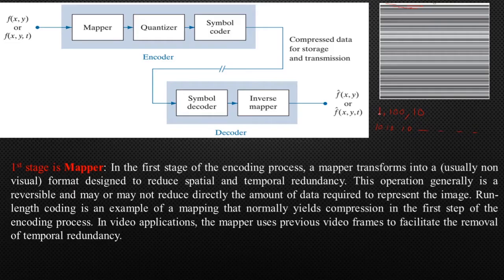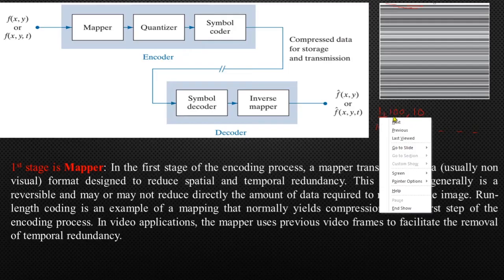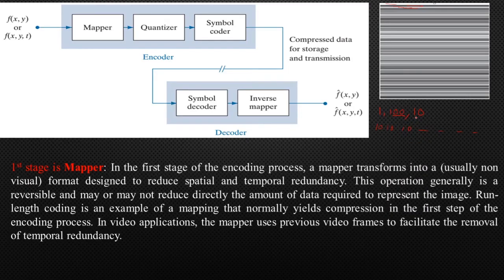For example, in this format: the starting pixel, the end pixel, and the intensity value. These 100 pixels can be represented in that particular format. That is the operation performed by the mapper.